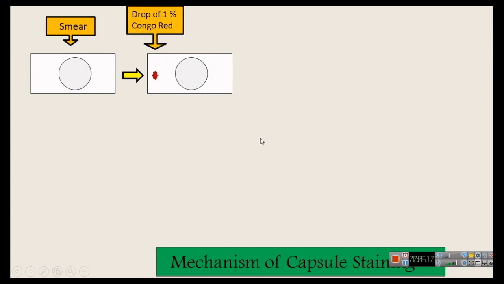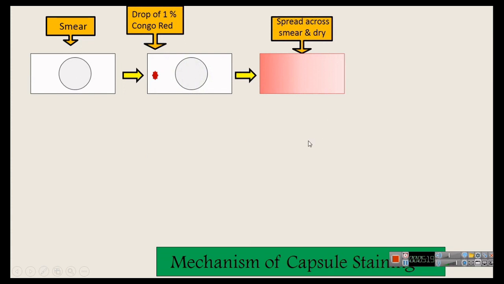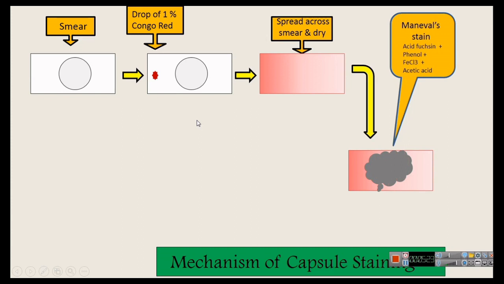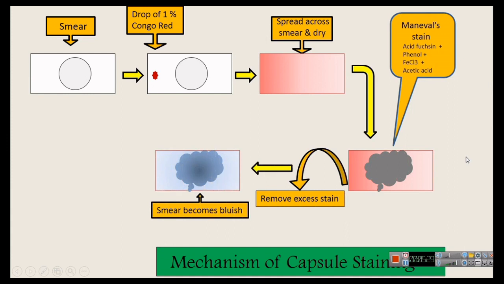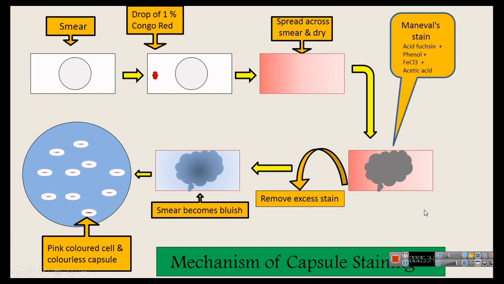Then we spread that drop across the smear and dry that film. Then we treat the smear with Maneval's stain. Then we remove the excess stain, but after that the film on the slide becomes blue, and under the microscope we observe pink colored cell cytoplasm, blue colored background and colorless capsule.